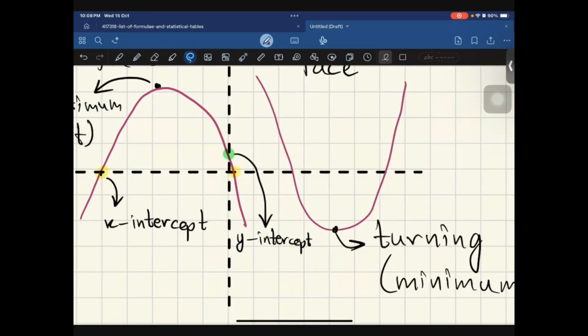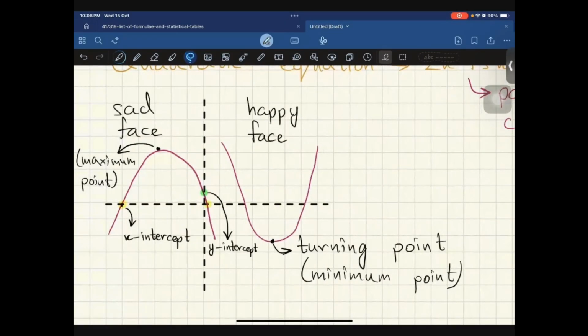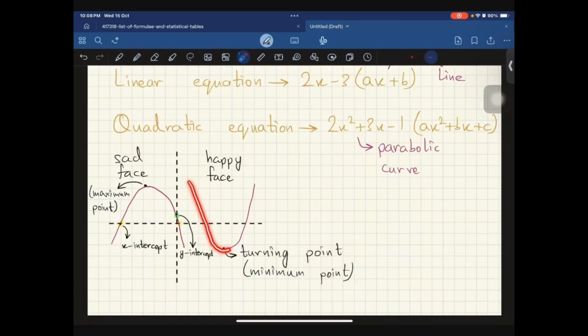Similarly, we'll also have x-intercepts and y-intercepts for the happy face curve. Now, when I was drawing these, I just drew it from this point to this point. However, these curves will continue till infinity upwards.